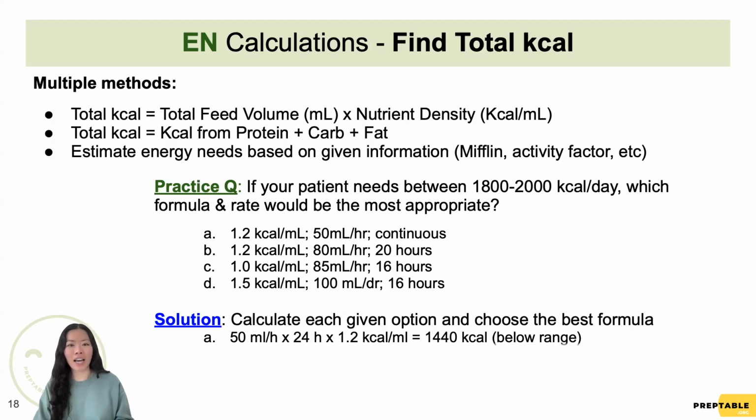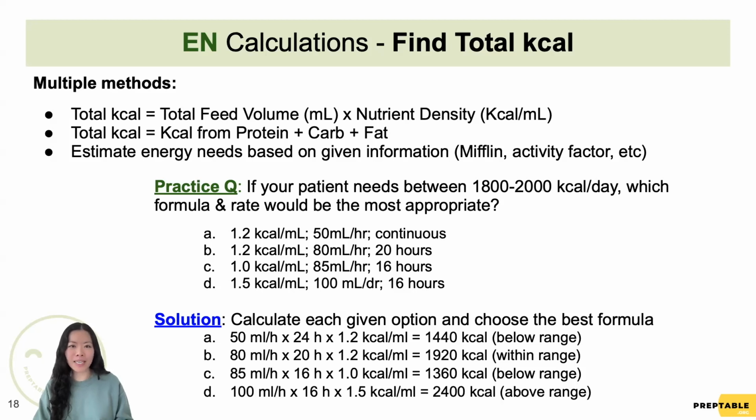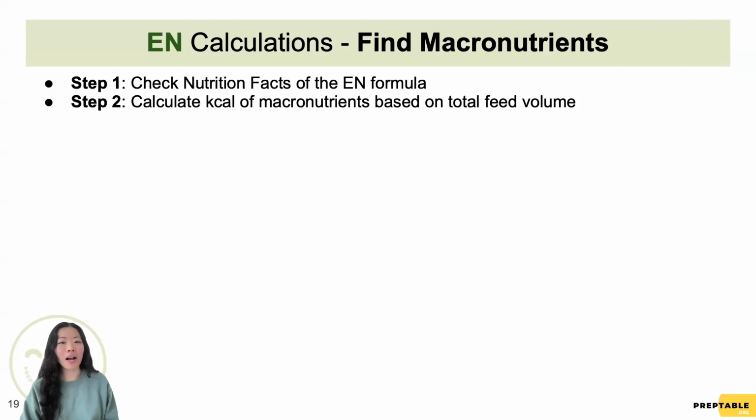Use that times the nutrient density at 1.2 kcal per milliliter to give us the total kcal. Repeat this for options B, C, and D. We'll find that option B is the only formula that is within the 1800 to 2000 kcal per day range. So B is correct.